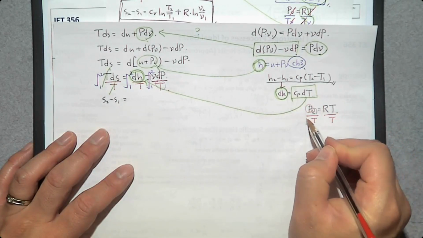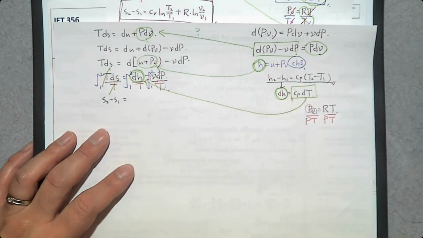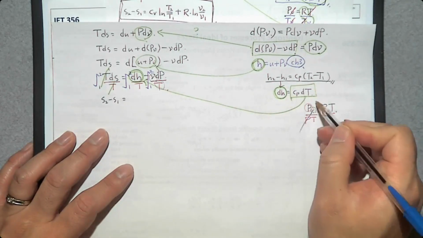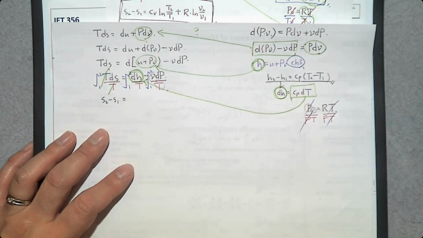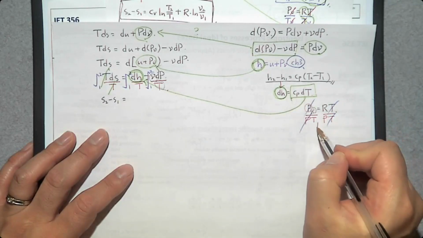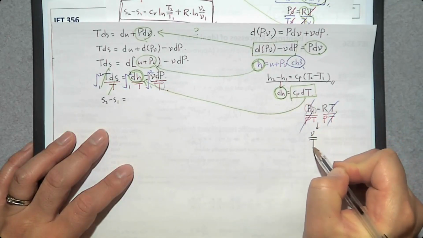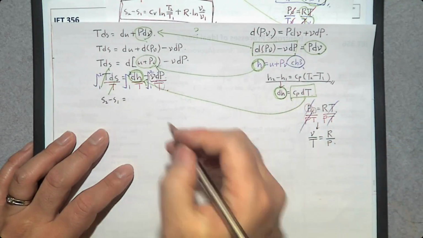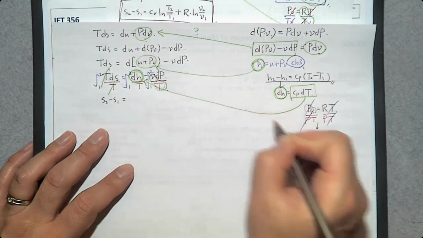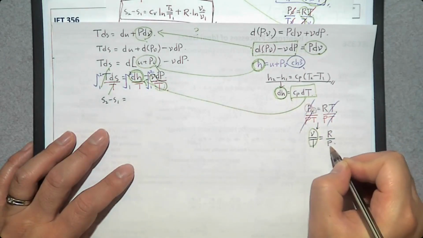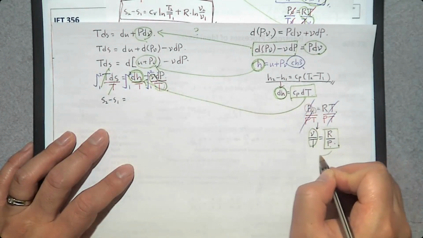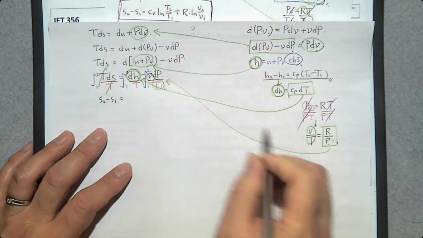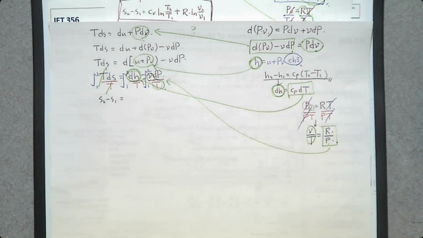Oh, we can divide by pressure P. Then what do we get? The equation is going to be V over T is R over P. Then you see V over T, V over T. So can we replace this V over T with R over P? We can.